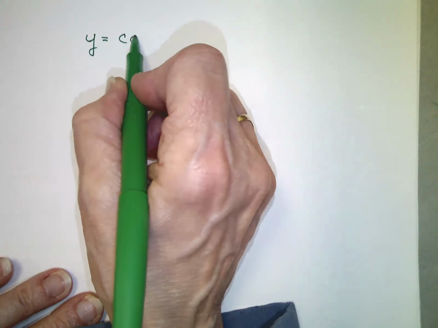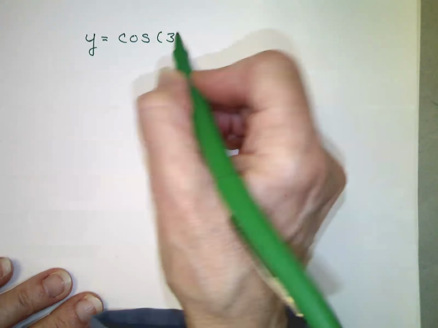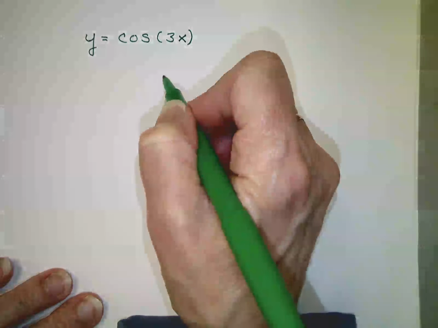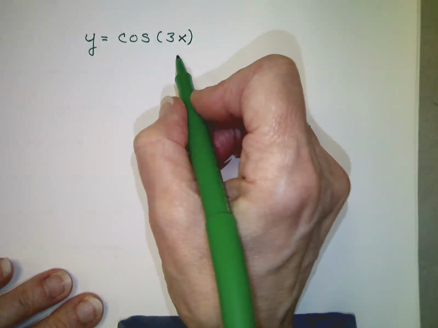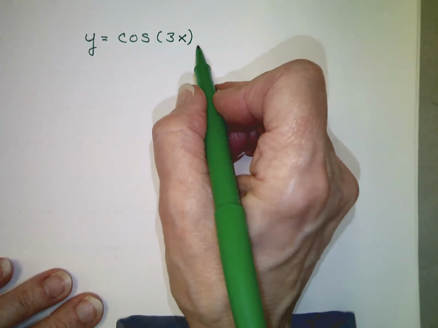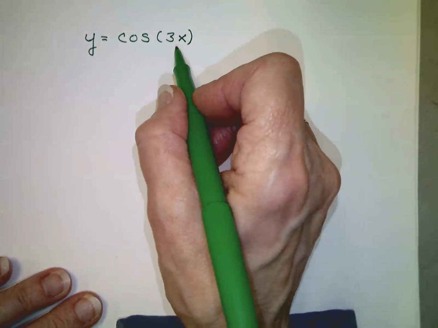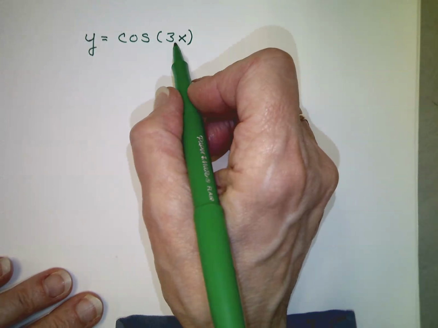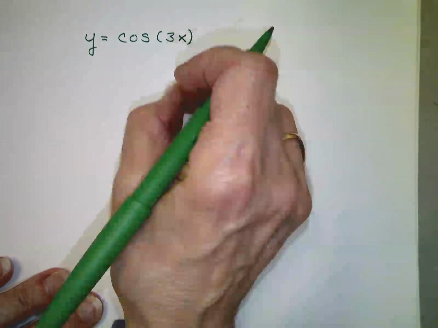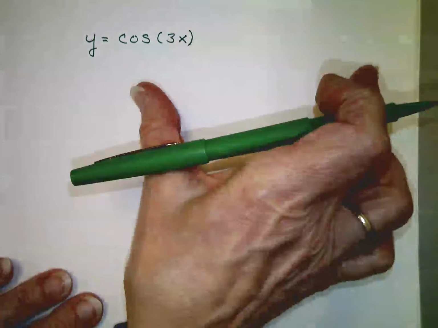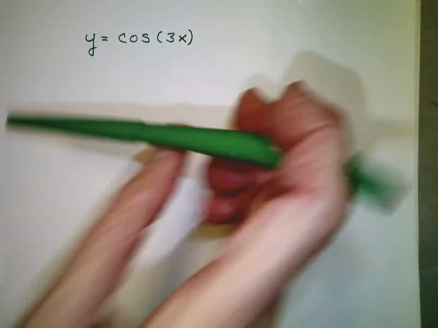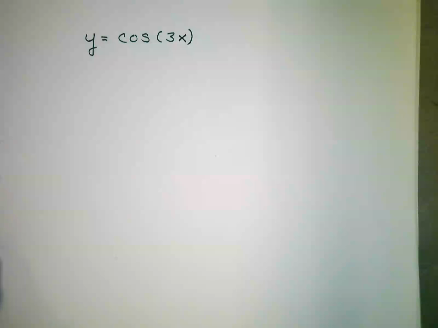So if we have the cosine of 3 times x, this is going to affect the period. This is not what the period's going to be, but this will affect the period. And it will affect it in reverse. Instead of making it 3 times as wide, it's going to make it 3 times as narrow. We're actually going to be dividing by a factor of 3.